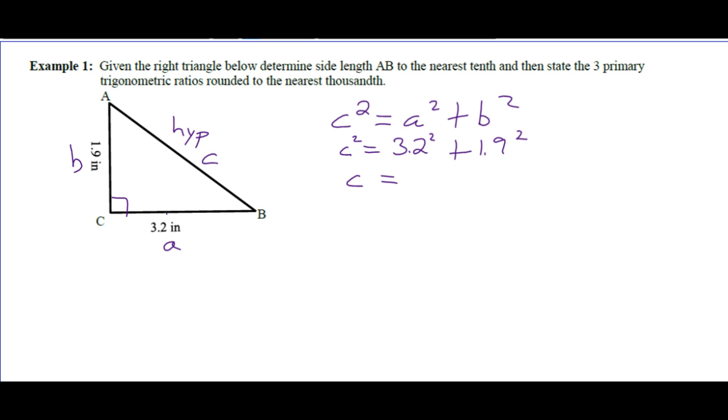Determine the side length of AB to the nearest tenth. So that's 10.2. That's 3.6. That's C squared, so that's going to be 13.8. Oh wait, have I got round?